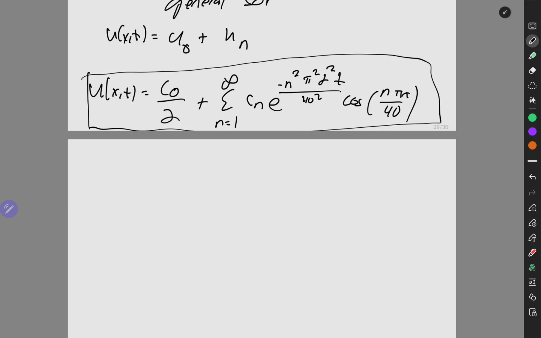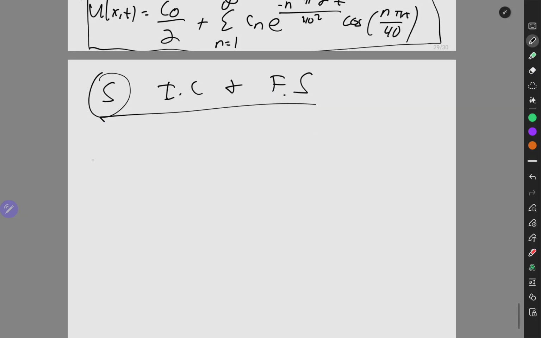So to do that, first we're going to use our initial condition, right? Initial condition in Fourier series. I think I remember what it was.